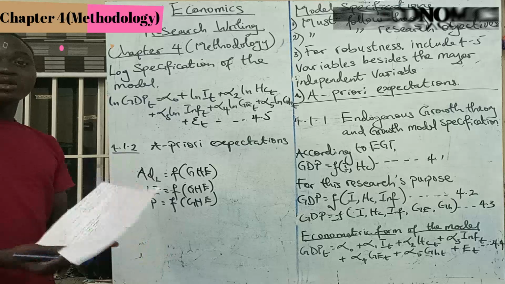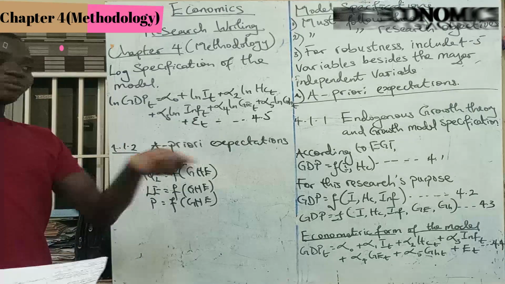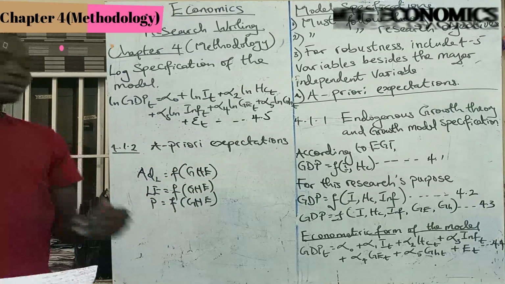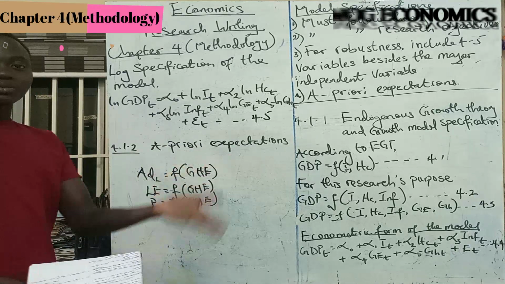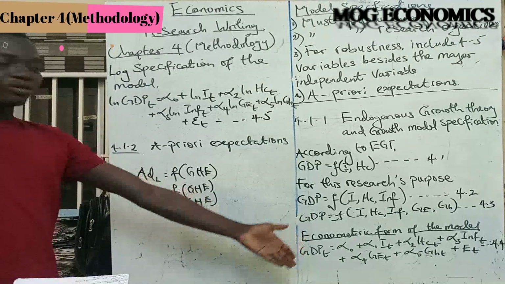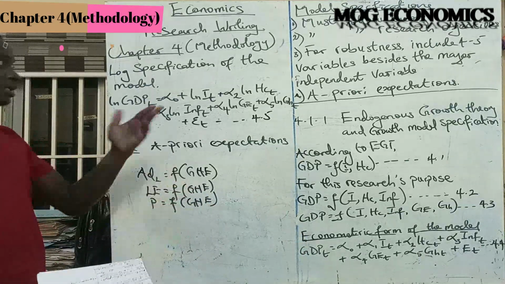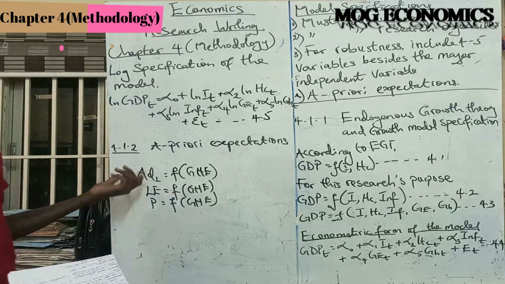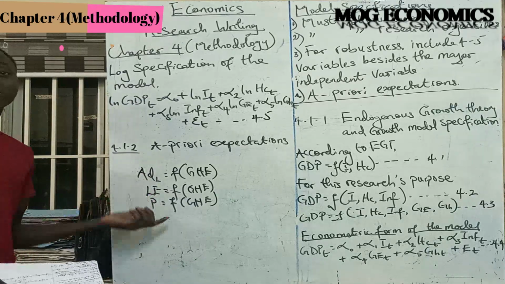So according to social development theory, economic development is a function of this and this and this. Then you find a way of bringing in government expenditure. From there you add other variables. From there you specify the econometric form of the model. If you are interested in logging the model, you mention that. That's just for the first one. You do the same thing for the second one, you do the same thing for the third one.